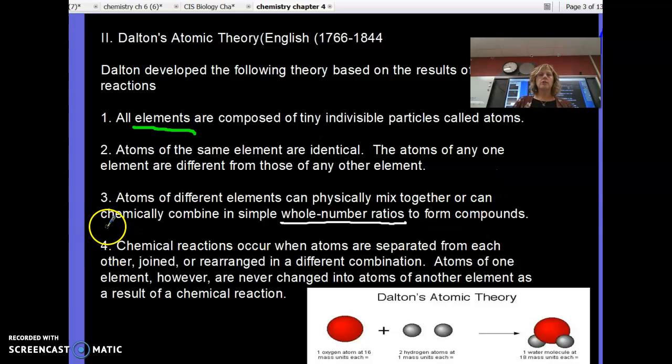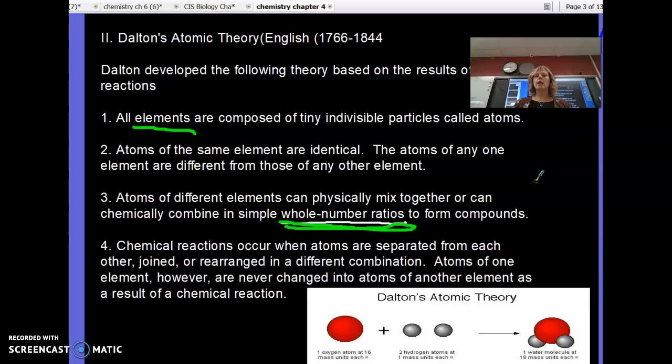His third postulate: atoms of different elements can physically mix together or can chemically combine in simple whole number ratios. That's important, that they always stay in whole number ratios. If they physically mix together, I can take some atoms of gold and some atoms of silver, and they mix together.